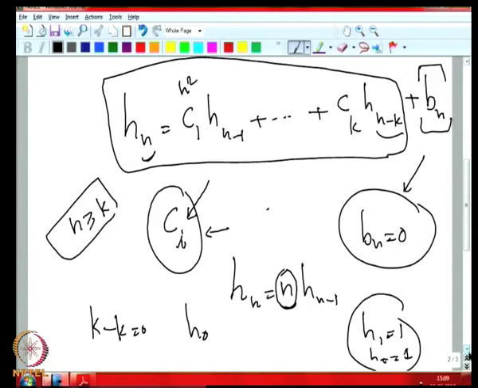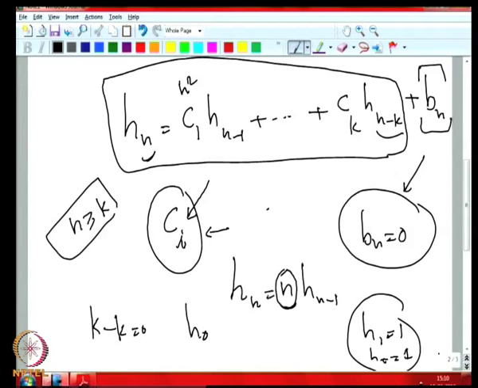So this relation is valid only for n greater than or equal to k. These are the main points about this kind of recurrence relations: linear homogeneous recurrence relation of order k with constant coefficients. That is what we are going to study from now on.